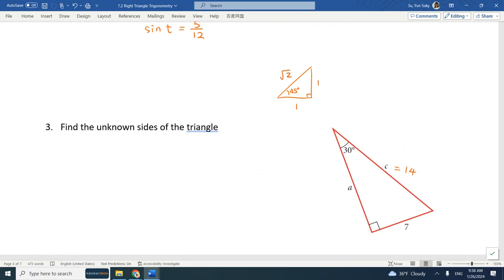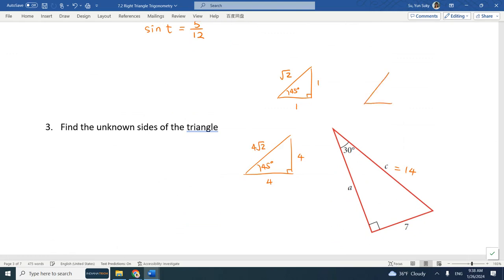If I change one of the sides to be 4, they have the same ratio. If this is 4, what's this? 4. Yes. So they have the same ratio: 4, 4, and this is 4 square root of 2. Okay, everybody? They have the same ratio.